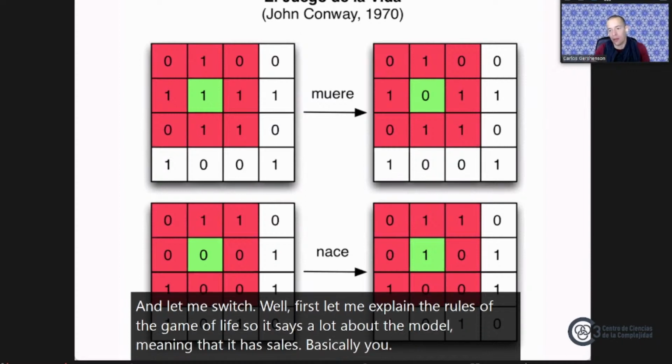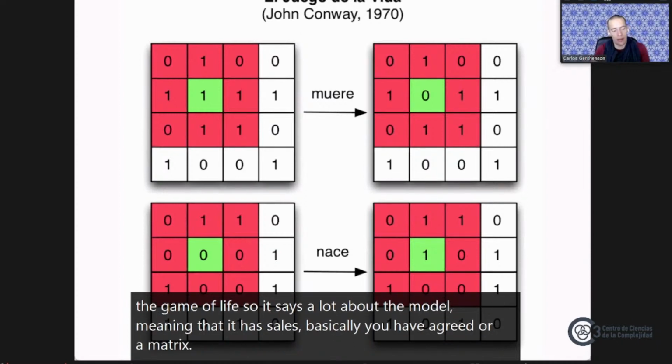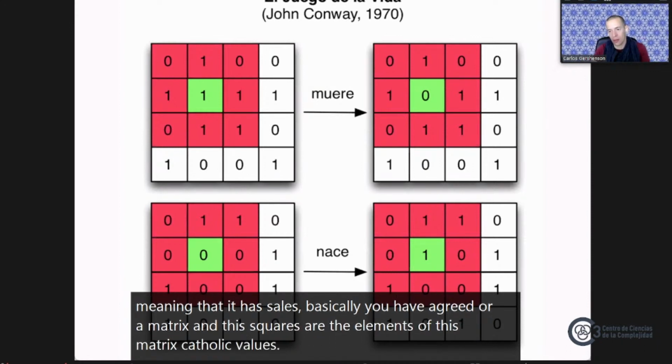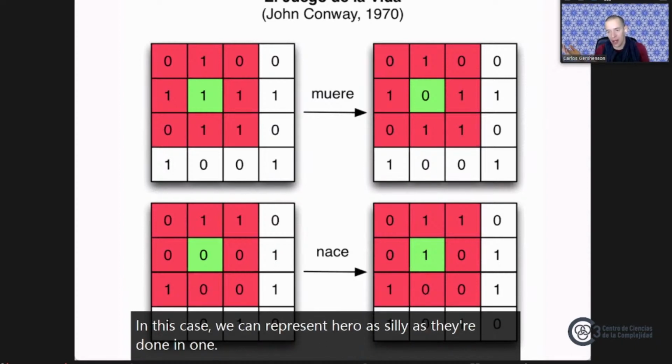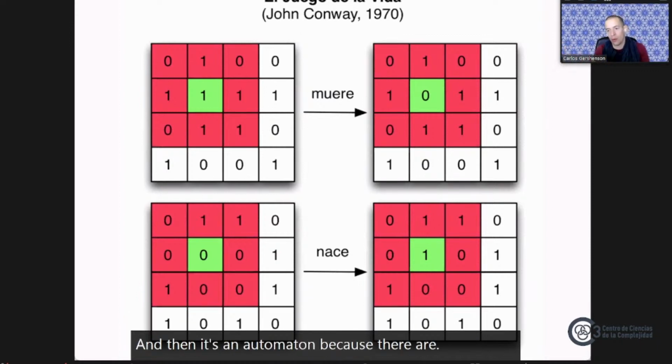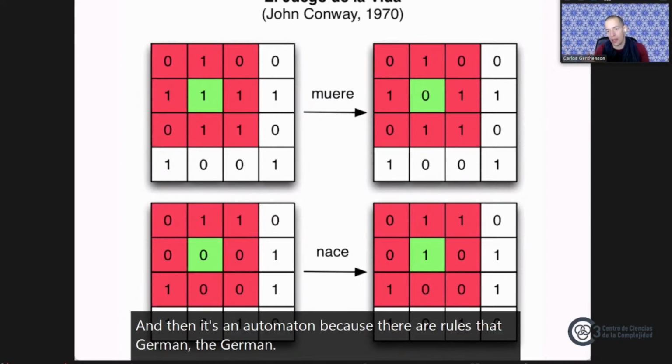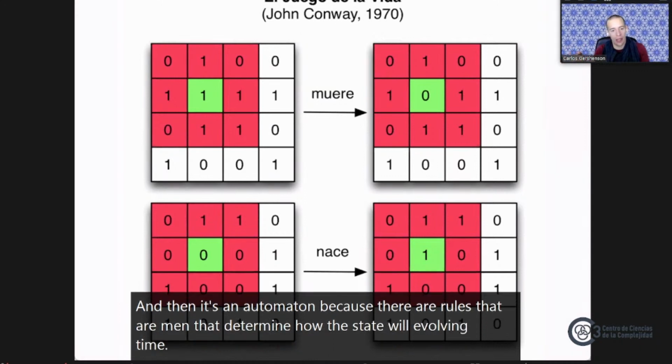Basically, you have a grid or a matrix, and the squares of this matrix can take values 0 or 1. We can represent 0 as the cell is dead and 1 as the cell is alive. And it's an automaton because there are rules that determine how the states will evolve in time. And these rules are very simple.